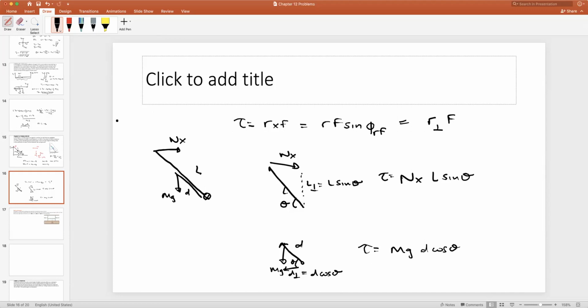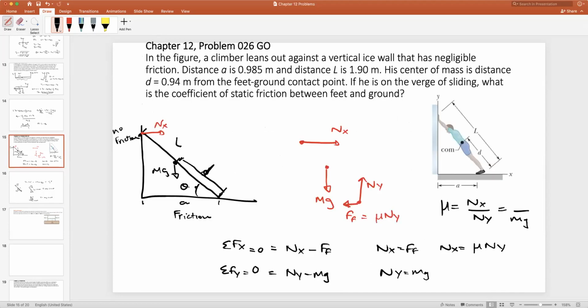But if I go back and I look here, I have L and I have A. And SOHCAHTOA means sine of the angle is opposite over hypotenuse, cosine is adjacent over hypotenuse, tangent is opposite over adjacent. So cosine, this adjacent is little a. The A just means adjacent.